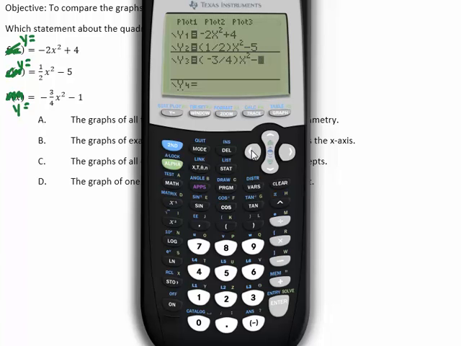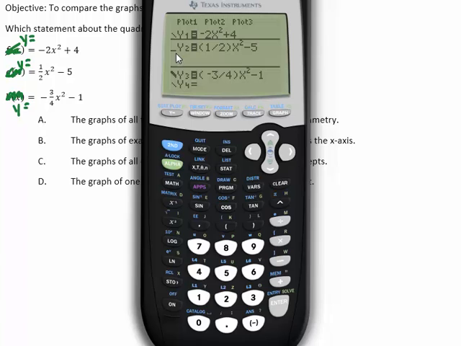Now that we've typed out all the equations, I'm going to show you a trick. Press the left arrow key and keep on pressing it until you get on top of that little line next to the y3. We're going to make that a different shading than the other two lines. So I'm going to press enter on top of that line to make it darker. Let's go up to the other one and keep on pressing enter until it makes a dashed line.